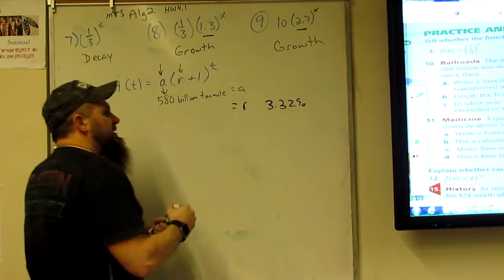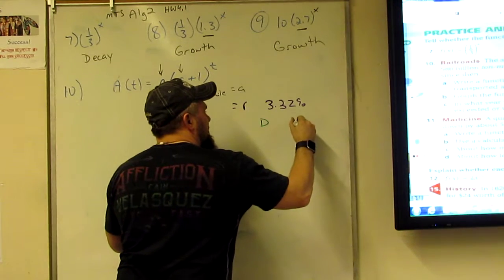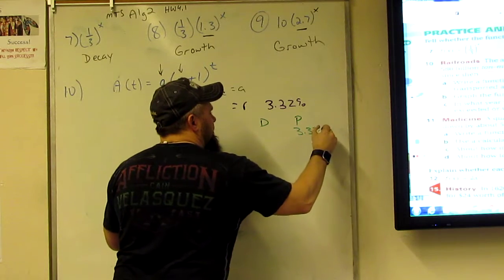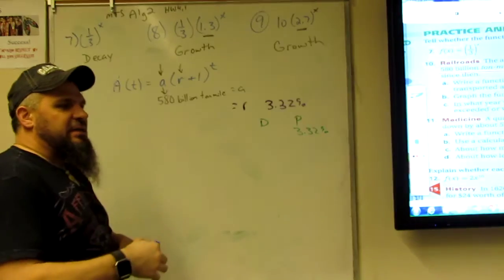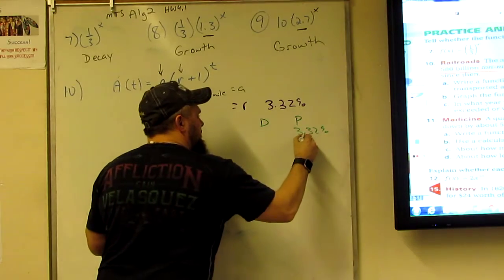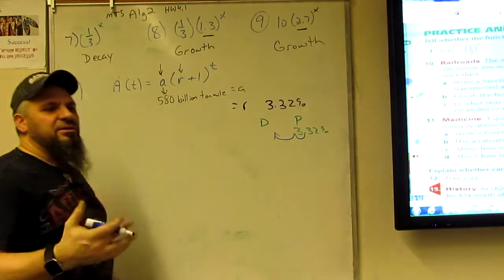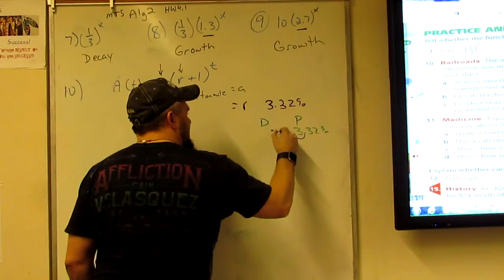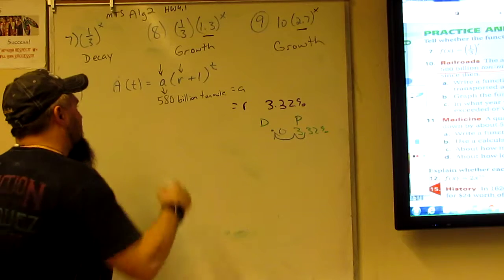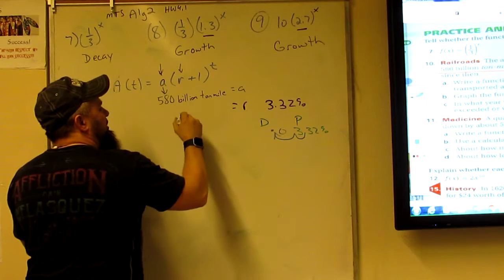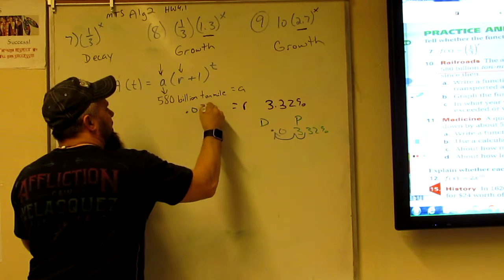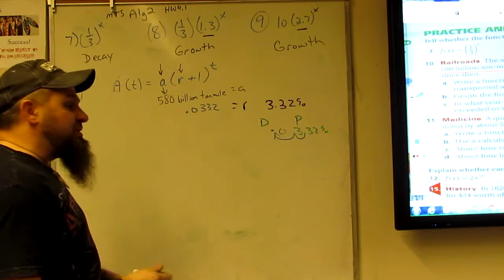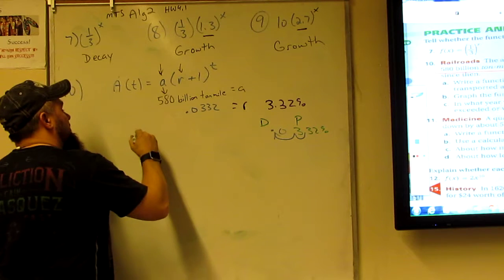To change percent to decimal, we're going to move the decimal over 2 places, because basically you're dividing by 100. So the rate is going to be 0.0332.